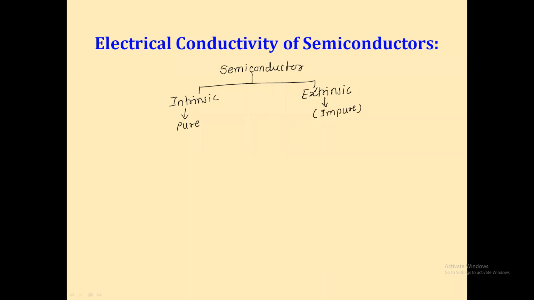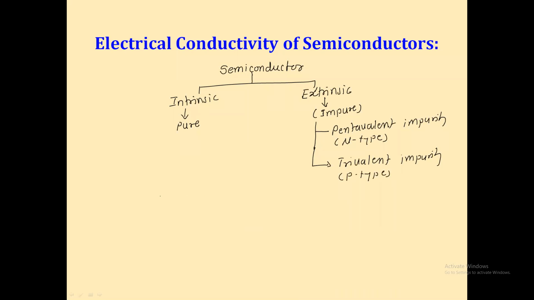Now, which types of impurity are added? Either you can add pentavalent impurity, and due to this pentavalent impurity, the extrinsic semiconductor is called an n-type semiconductor, or you can add trivalent impurity, and due to this trivalent impurity, the semiconductor is called a p-type semiconductor.